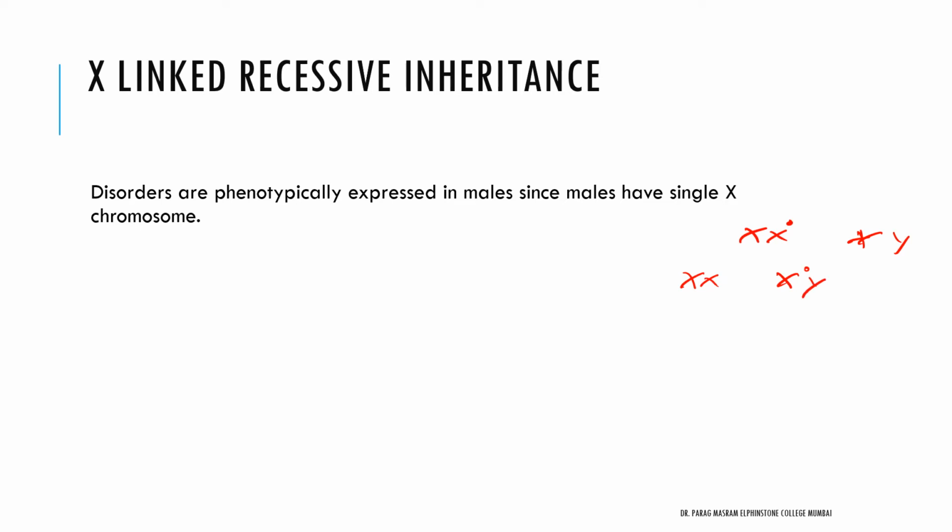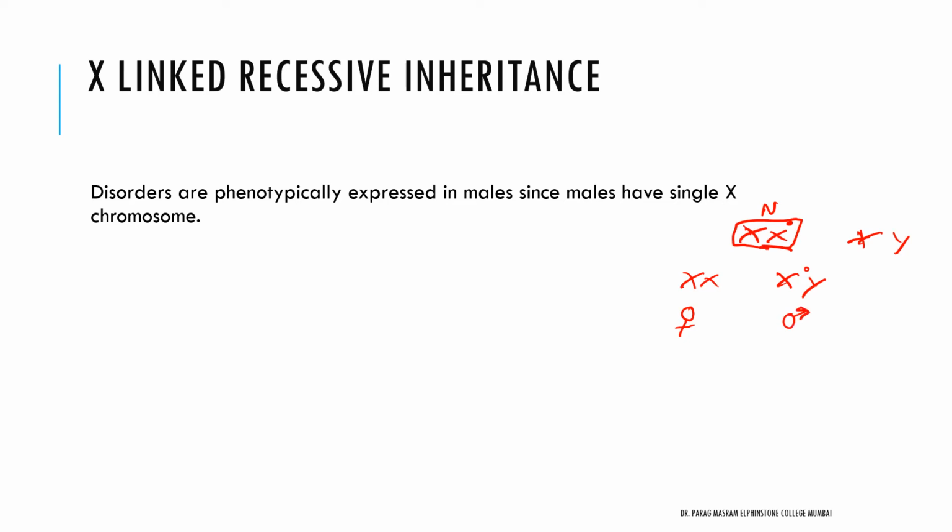So the daughter over here will be normal. The mother is not an affected mother, but she's carrying an X chromosome with an affected gene, and this is a recessive trait. So the mother won't express the character, because the normal gene will overshadow, or won't allow the expression of, the mutated gene. So this mother won't be affected, she'll be a normal mother, but the son will be affected.